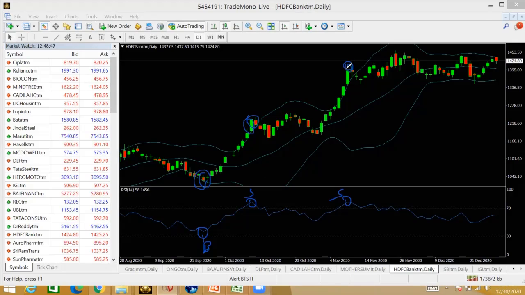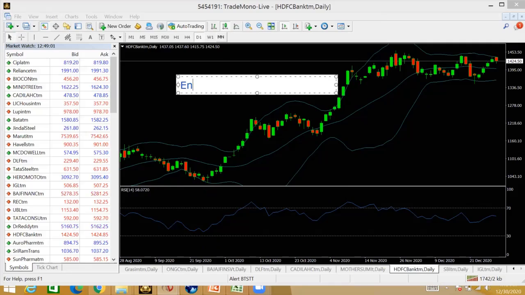Right now RSI stands here. There is no entry available. Entry is when you can enter through RSI and take a signal.